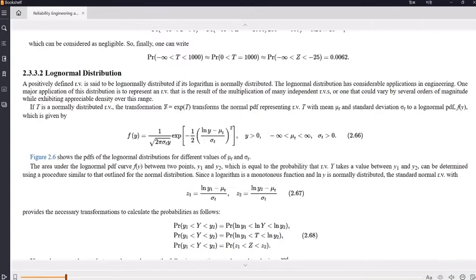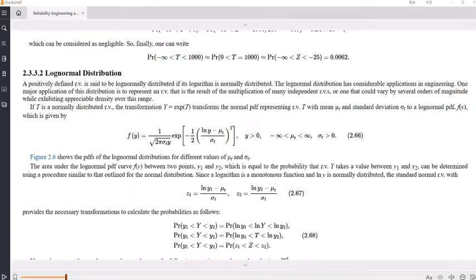So y is the random variable for log-normal distribution, and t is the random variable for normal distribution. So t is normally distributed, and if we take the exponential function, then y will be log-normally distributed.